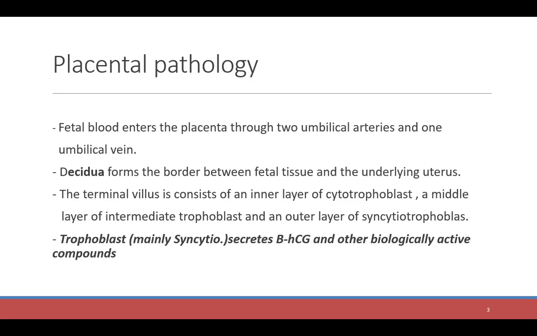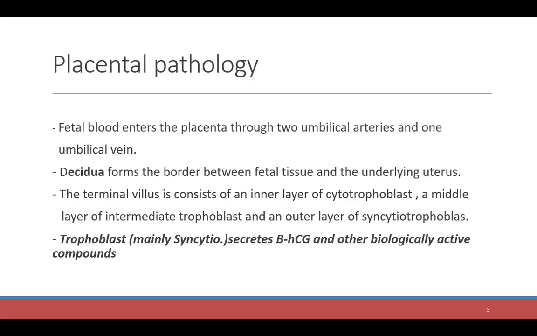Decidua forms the border between the fetus and the mother. It's part of the endometrium which is developing to face the placenta and prepare the surface that's important for implantation, the decidua. Remember, the major important component of the placental disc is the chorionic villi.